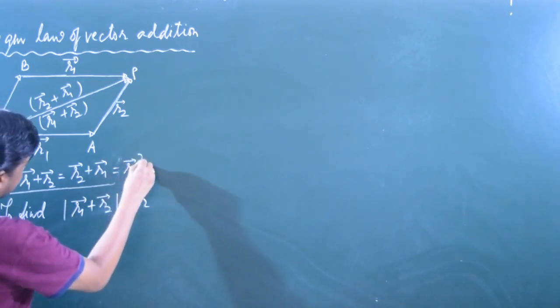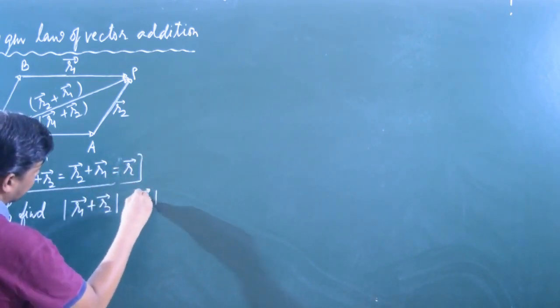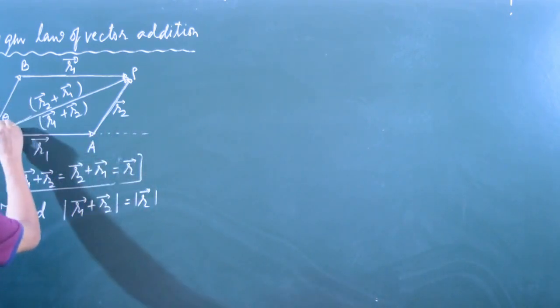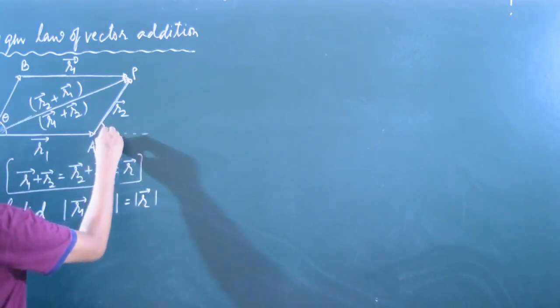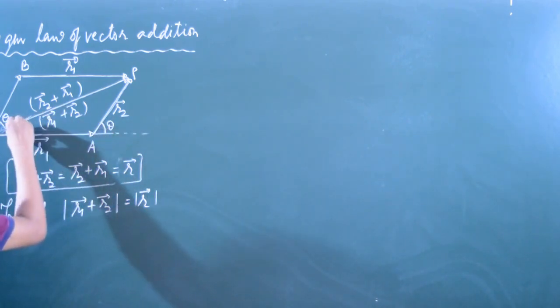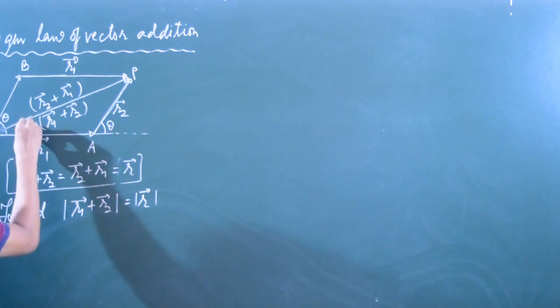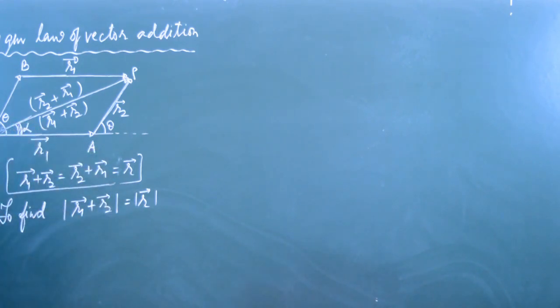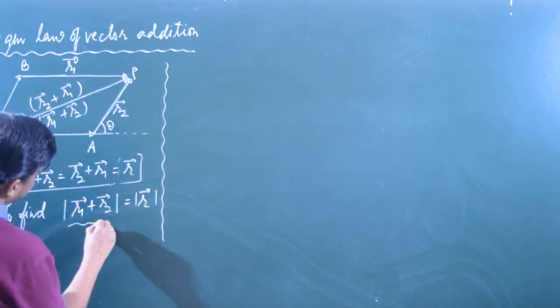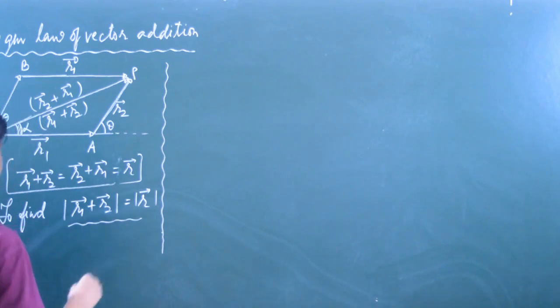Suppose vector R. It is the magnitude of R. See, if this angle is theta, then this angle is also theta. And the resultant is suppose forming an angle alpha with which vector? R1. This alpha we have to get.